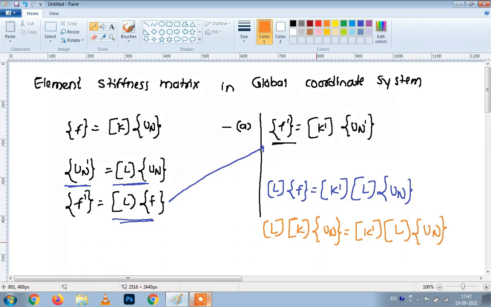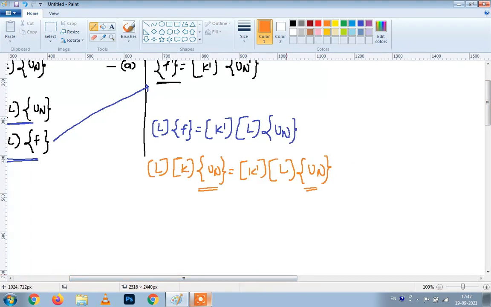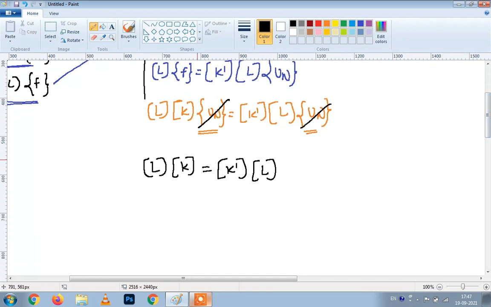Now if you observe this UN vector and UN vector, for two dimensional two node element we have seen these values were U1, V1, U2, V2. So these two values will be cancelled. So what we'll get here is L into K is equal to this K dash into this L. These values are remaining.